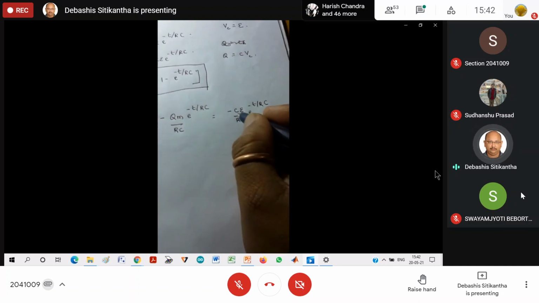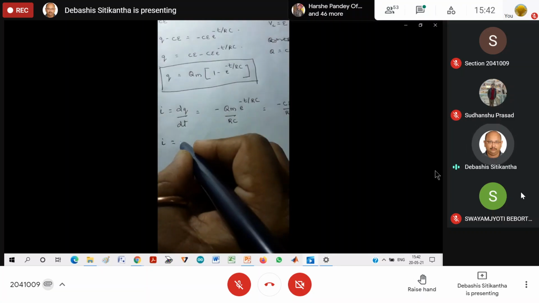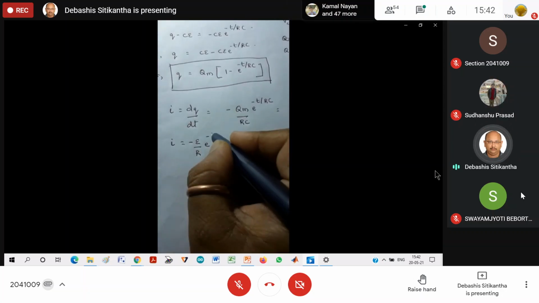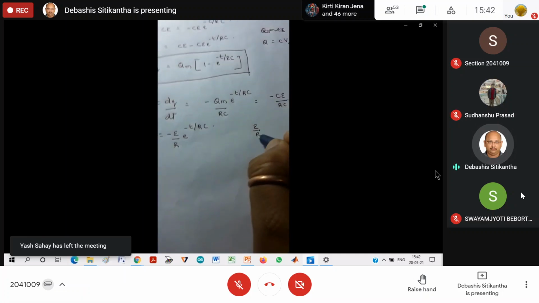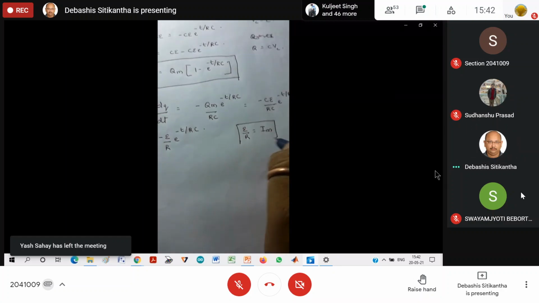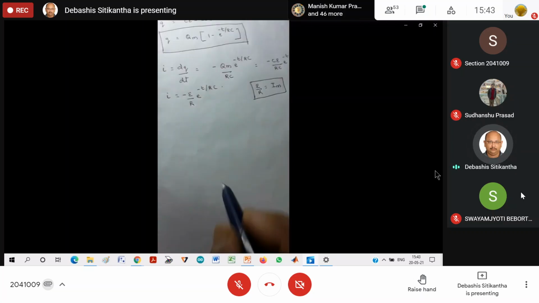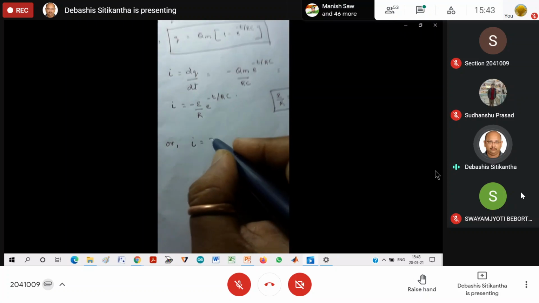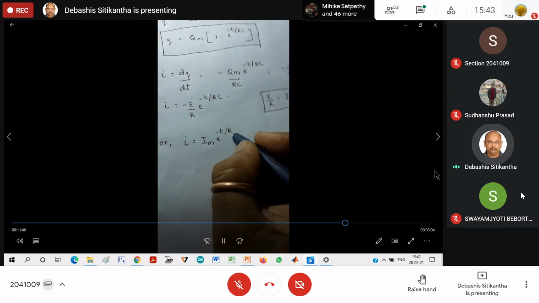Since C is a non-zero number, I is equal to minus E by R e to the power minus t by RC. Now E by R is the maximum value of current that will flow in the circuit, because I have already discussed this in the last video. So ultimately the expression of I that we get is I max e to the power minus t by RC.